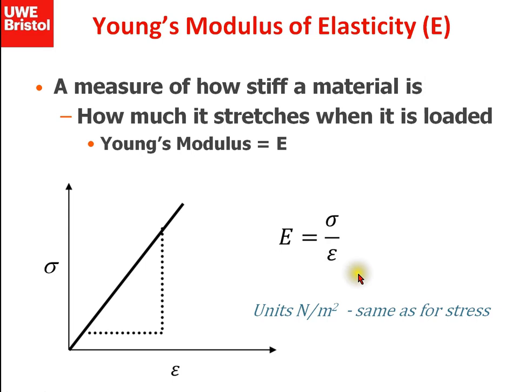So that linear ratio is going to give me a gradient, and we're going to call this gradient Young's modulus, also known as the modulus of elasticity. So it will be quoted in books like that: Young's modulus, modulus of elasticity, elastic modulus. Those terms all mean the same thing. It has units of newtons per meter squared because we are using stress divided by a non-dimensional term. Okay.